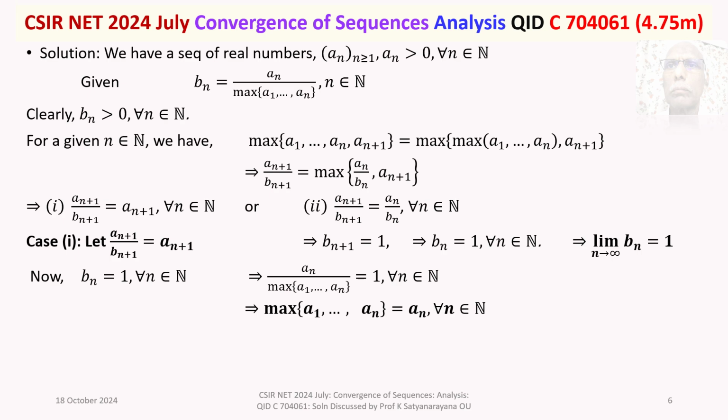So in the first case, the property of the sequence (a_n) is that the maximum of a_1, a_2, ..., a_n is a_n for all n belongs to N, and the property of b_n is that limit n tends to infinity of b_n is 1.